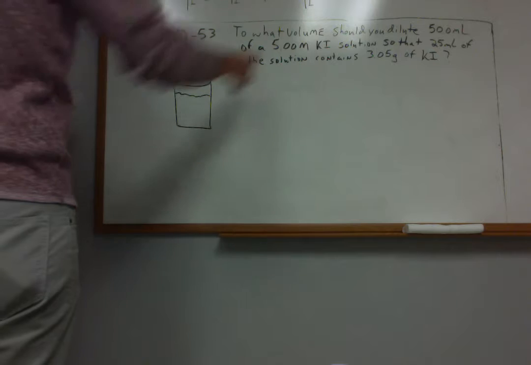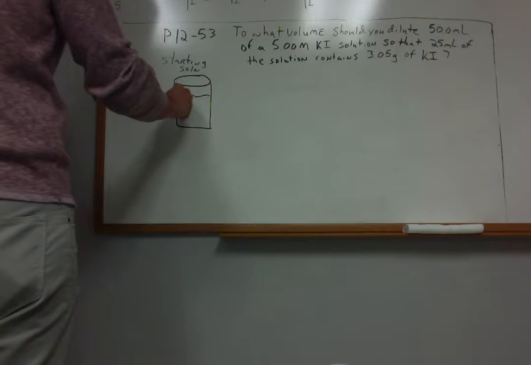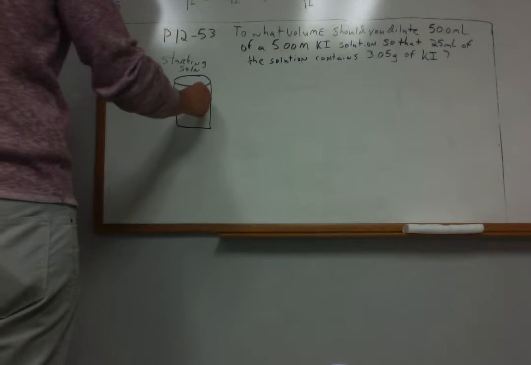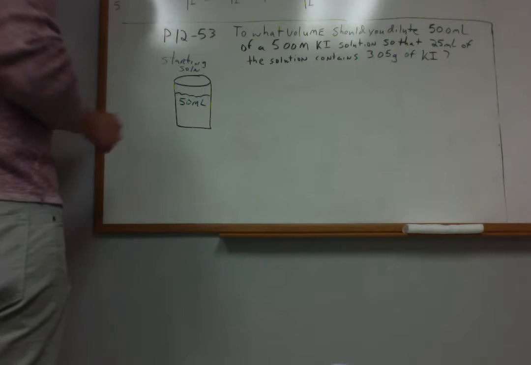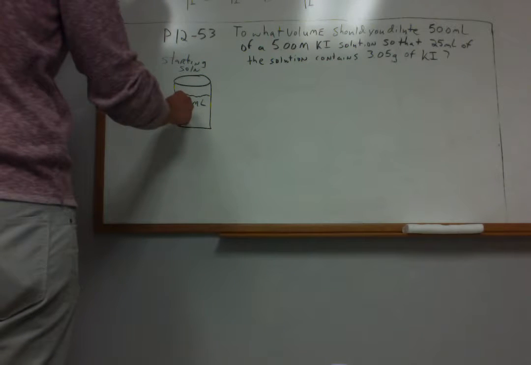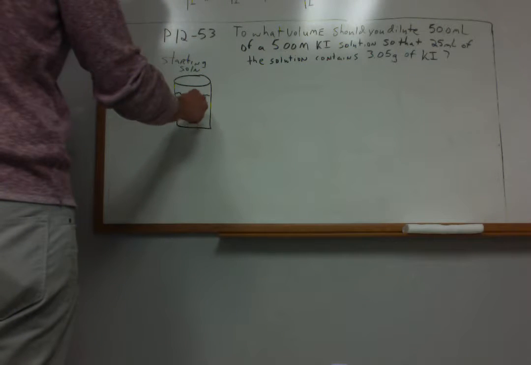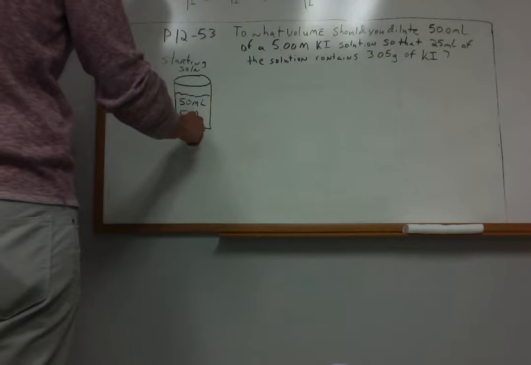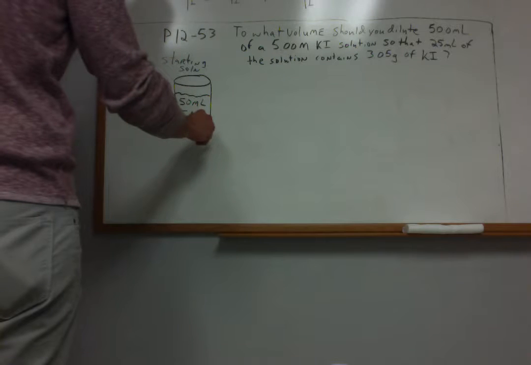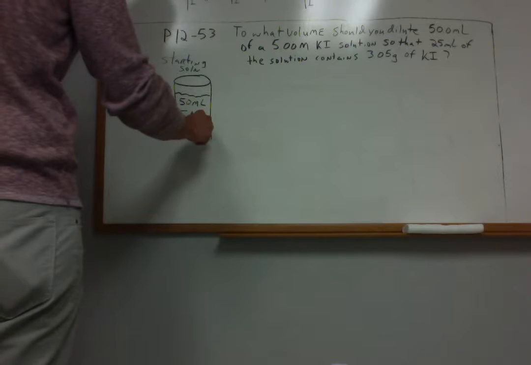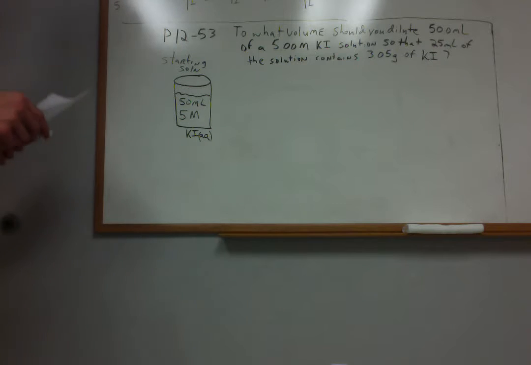So to what volume should you dilute 50 milliliters? So I've got a beaker, and inside is 50 milliliters of a solution. That solution is 5 moles per liter, or 5 molar potassium iodide aqueous, okay? So that's my starting solution.